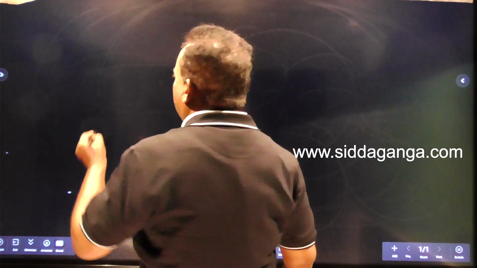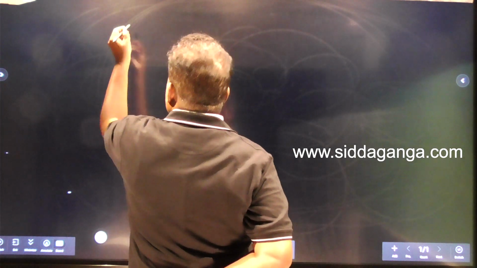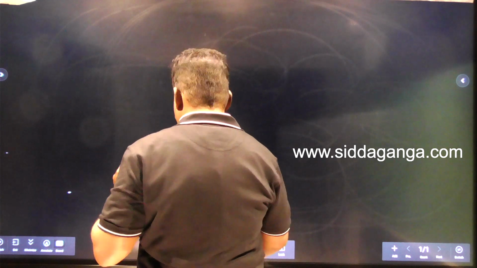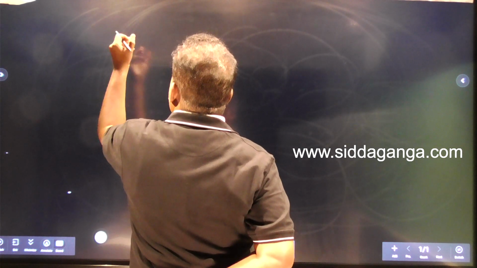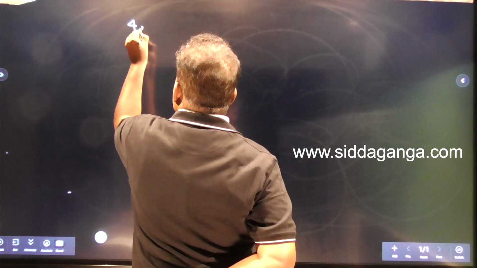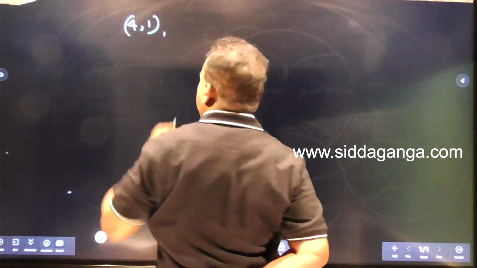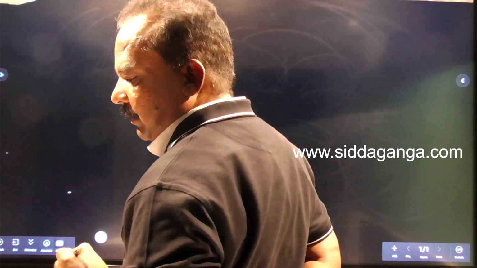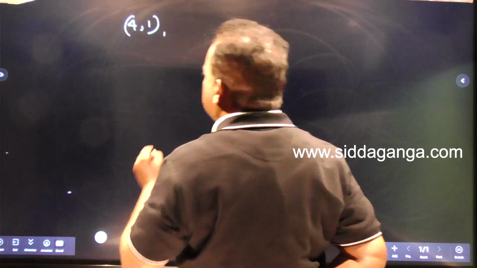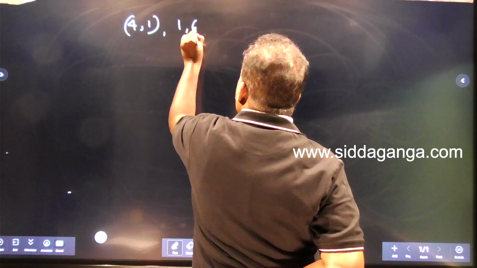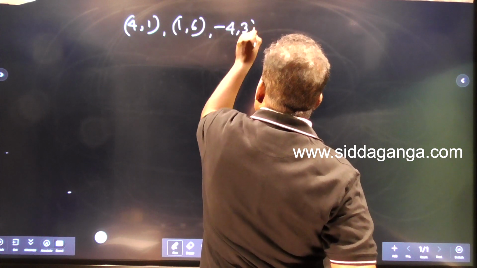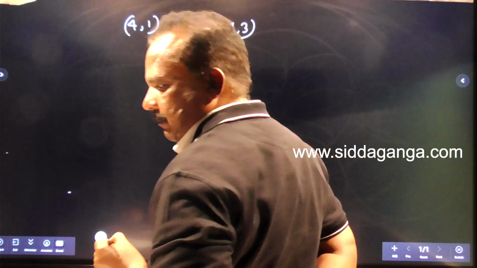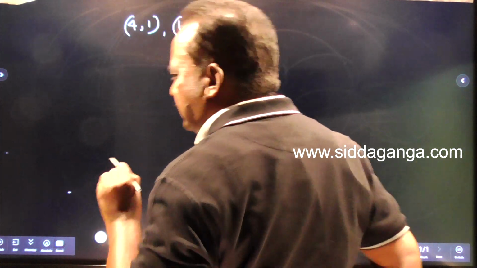Square. The vertices are 4, 1; 1, 6; minus 4, 3; and minus 1, minus 2.